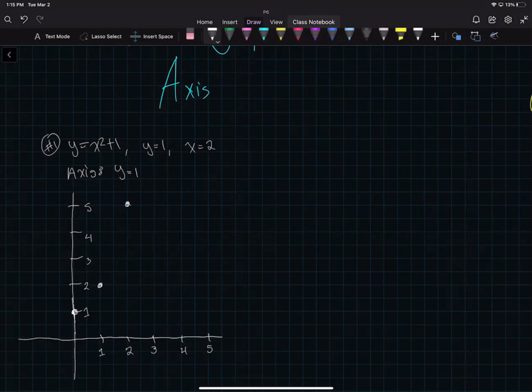So essentially it has this shape. So this is the shape of the parabola. Now I also have y equal to 1. Y equal to 1 is here.